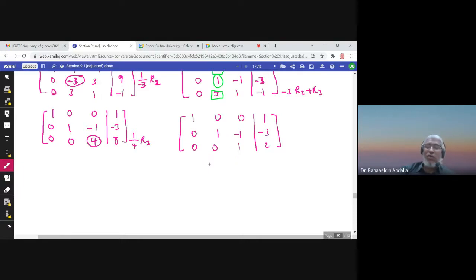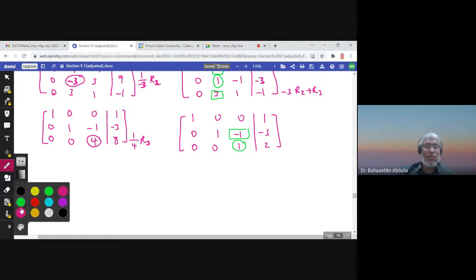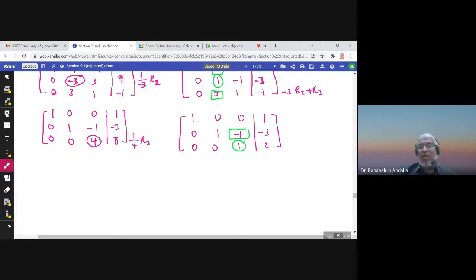Now what to do? I use this one. I should use it to make this number 0 and this number 0. Alhamdulillah, it is 0. Okay. How to make the negative 1 0? I multiply row 3 by 1. So R3 plus R2. I add it to R2.